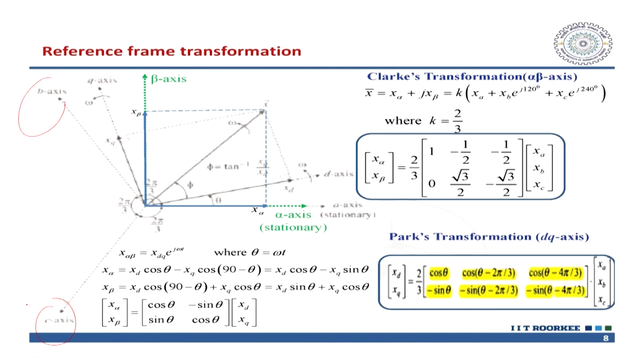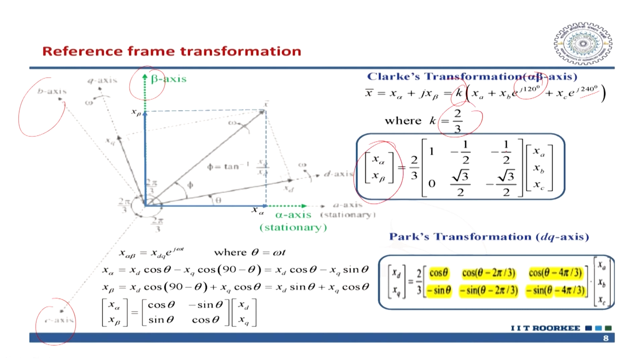So, all the vectors you can resolve into the alpha beta frame, and by this transformation, x bar will be x alpha plus j x beta equal to k times (x a plus x b multiplied by the 120 degree shift, and x c multiplied by the 240 degree or minus 120 degree shift), where k equals 2 by 3.